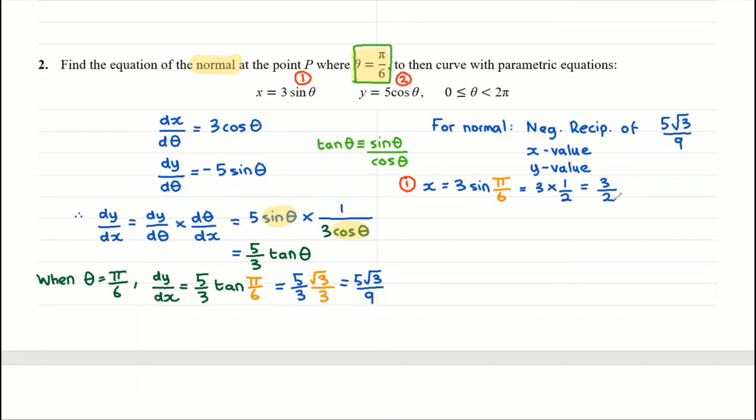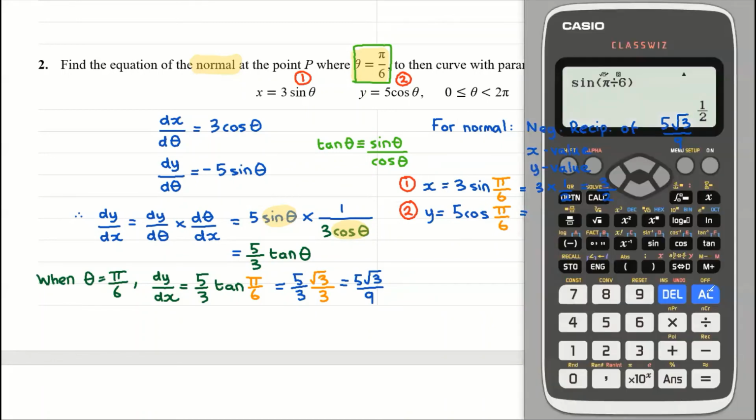Now for the y coordinate, do the same thing. We just sub it into the equation for y. So y is going to equal 5 cos of pi over 6. So again, we'll just do that really quickly. So cosine of shift pi divided by 6.